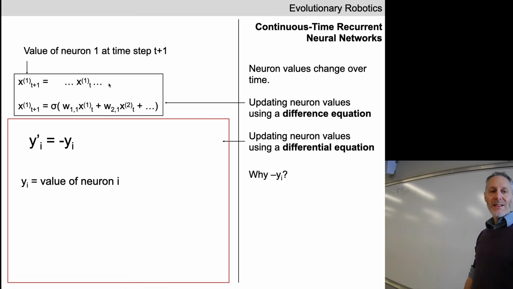So this difference equation here says the new value of the first neuron is a function of something to do with its past value, plus other stuff. If we write it out a little more fully here, we can describe how to set the value of the first neuron at the next time step, t plus 1, as some function wrapped around a weighted sum.